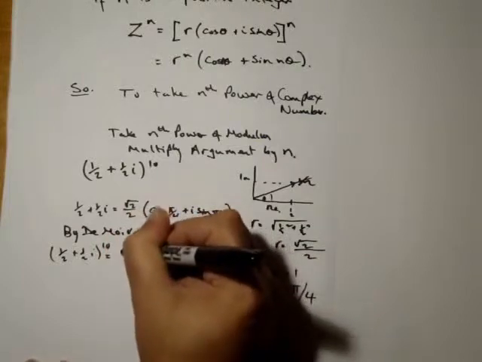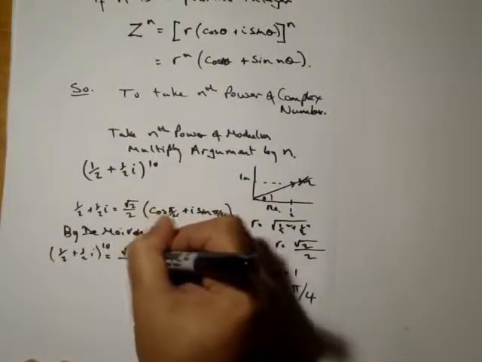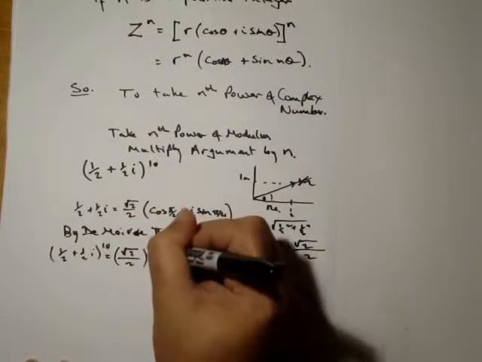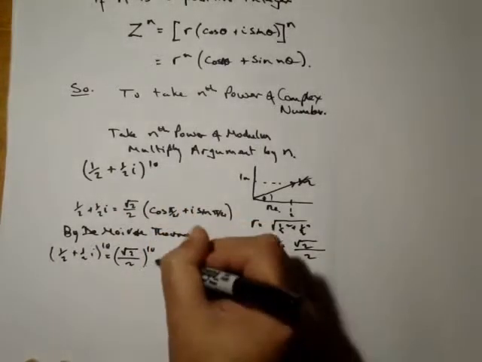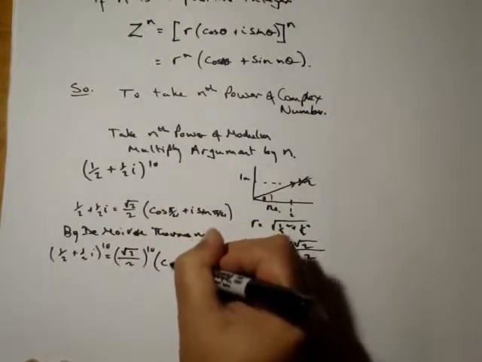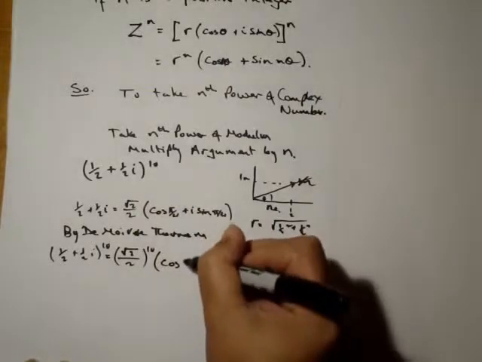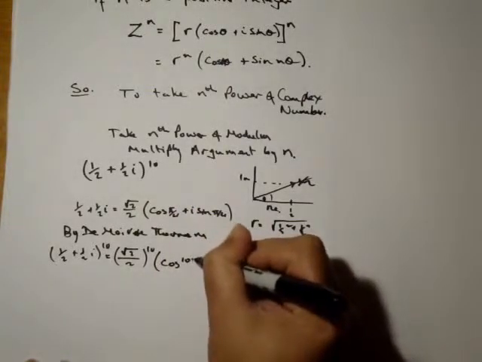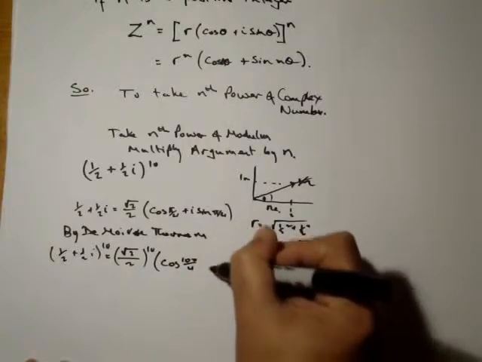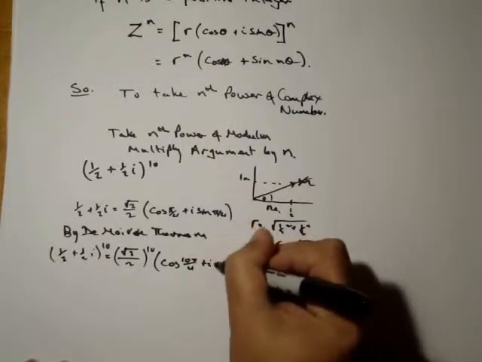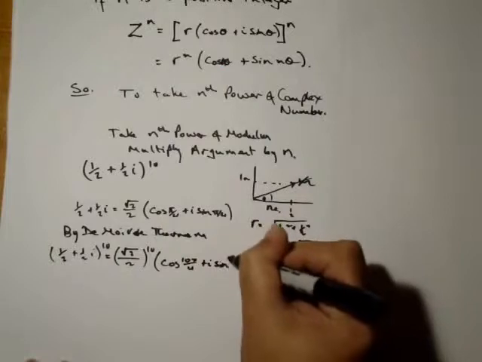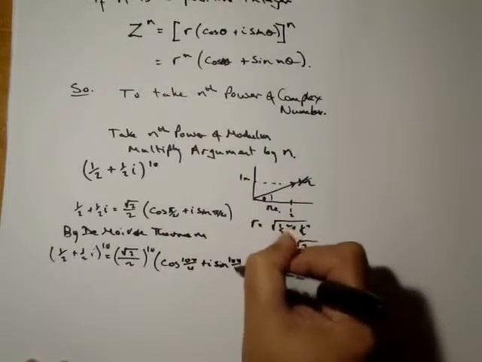This would equal square root of 2 over 2 to the power 10, and then we have cos pi over 4 times 10, which would be 10 pi over 4, plus i sine 10 pi over 4.